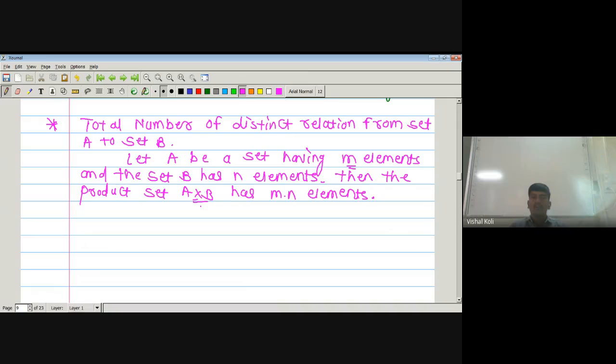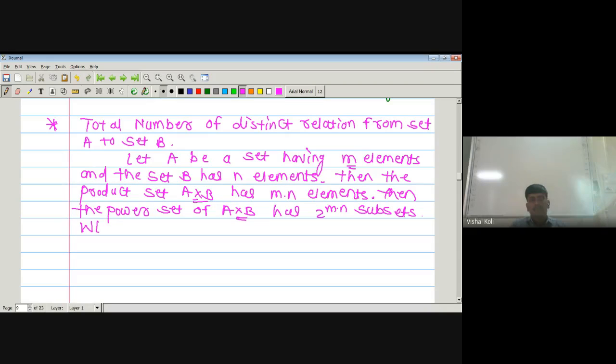As here A cross B has m into n elements, then the power set of A cross B has 2 to the power m into n subsets. Okay, so there are total 2 to the power m into n subsets for A cross B.